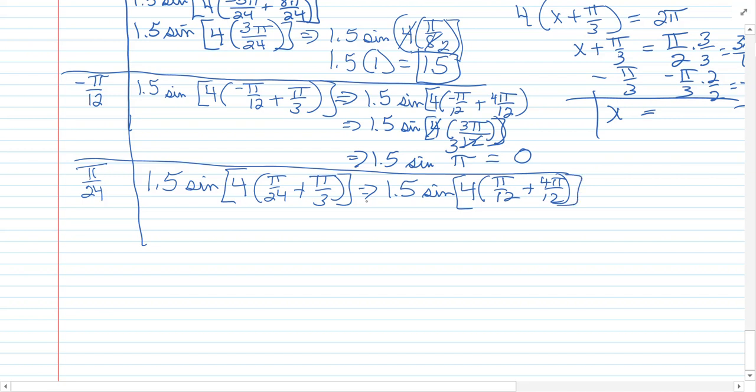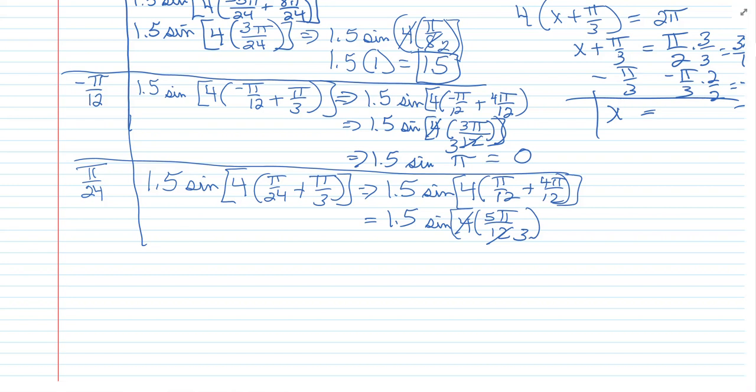All right, and that's going to give me 1.5 sine 4 parenthesis 5 pi 12ths. Well, this goes to 3. And I end up with pi 24ths, 8. I made a math error.